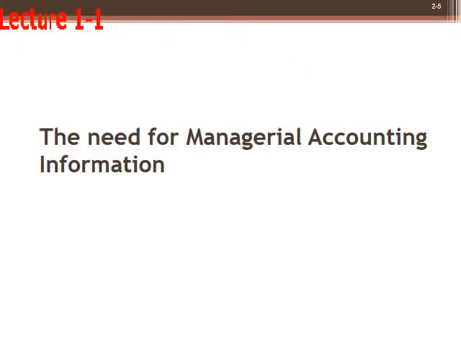Before diving deep into the introduction part of chapter 1, a logical question should pop up in your mind: why is there a need for managerial accounting, why is financial accounting itself not enough?